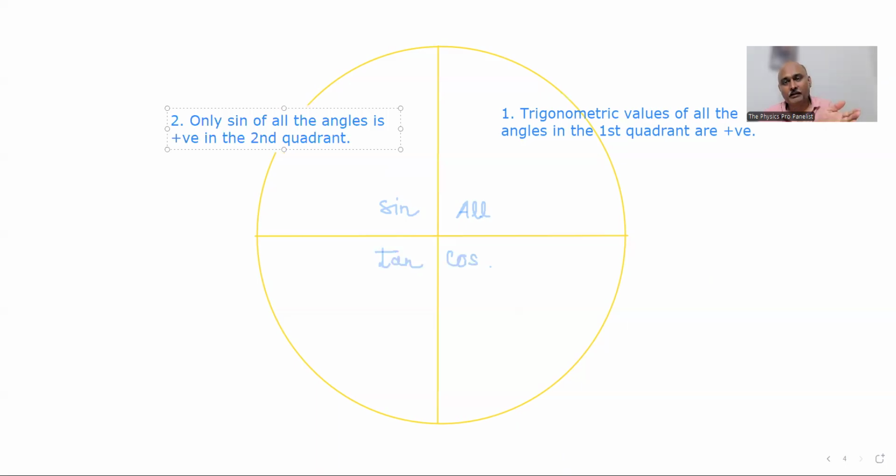Between 90 and 180. If I find the sine of all the angles between 90 and 180, those will be positive. But cos and tan of those angles will be negative. Understood? That's why I am mentioning only the positive terms. I hope I am making some sense to all of you. Yes or no, kids? Yes, sir.